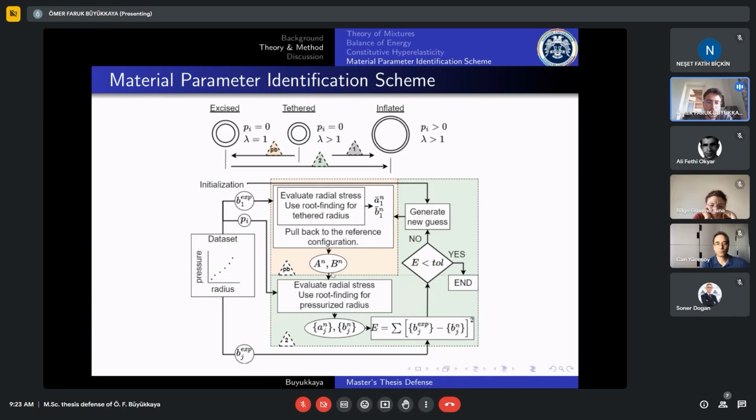Then it takes these data to evaluate the radial stress by using root finding for the pressurized radius, and it calculates the deformed or inflated radii, and it compares with the experimental data by applying a nonlinear least squares algorithm. Then it is checked whether it is less than tolerance or not. If yes, it gives an output of the set of material parameters along with the unknown excised state geometry.